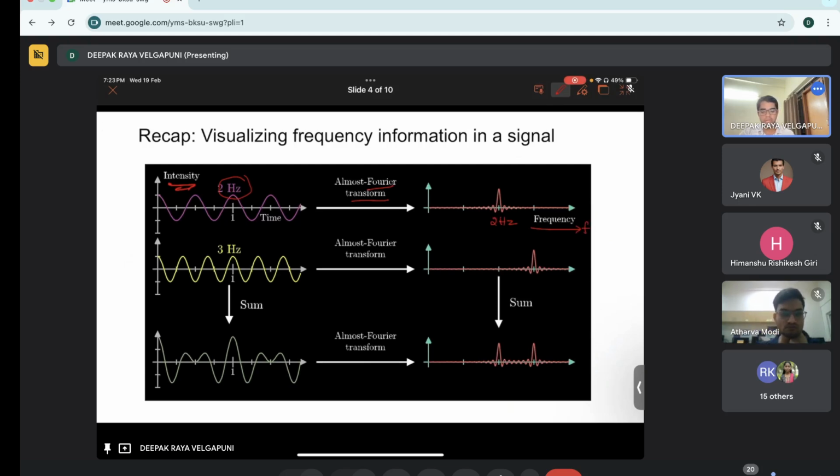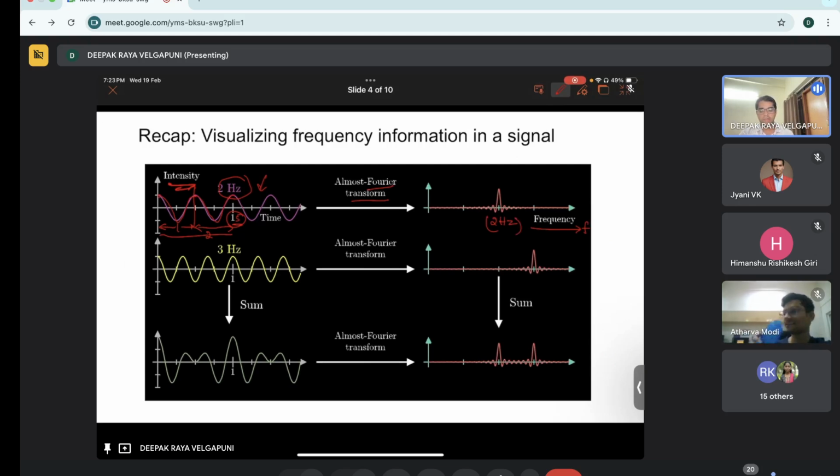So 2 Hz here represents how many cycles are going on in 1 second. Like if you take this 1 and 2, so this is first cycle and this is the second cycle in 1 second. This time is in seconds. So you see in 1 second there are 2 cycles, and when you do a Fourier transform, it gives a peak at that 2 Hz.